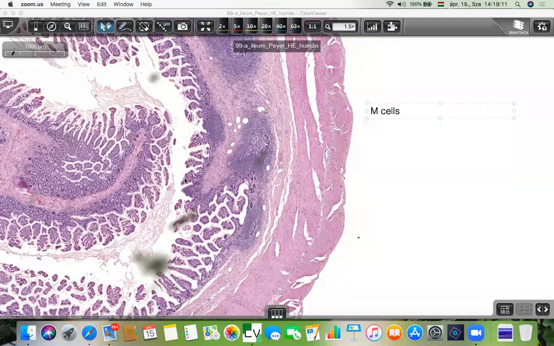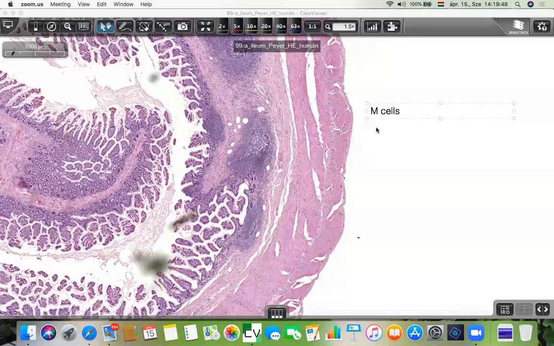They take up the bacterial substances and present them at the basolateral side. So they take up the bacterial particles from the luminal side of the cells and show them at the bottom, at the basolateral side, toward the cells in the Peyer's patches. So they are a kind of antigen presenting cells, or initiating cells.